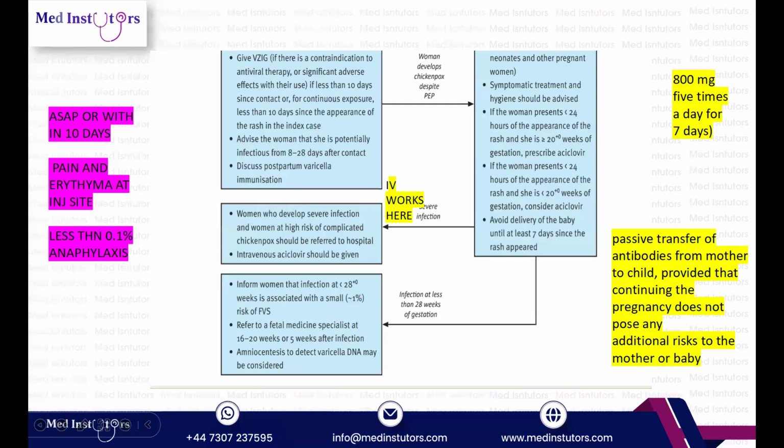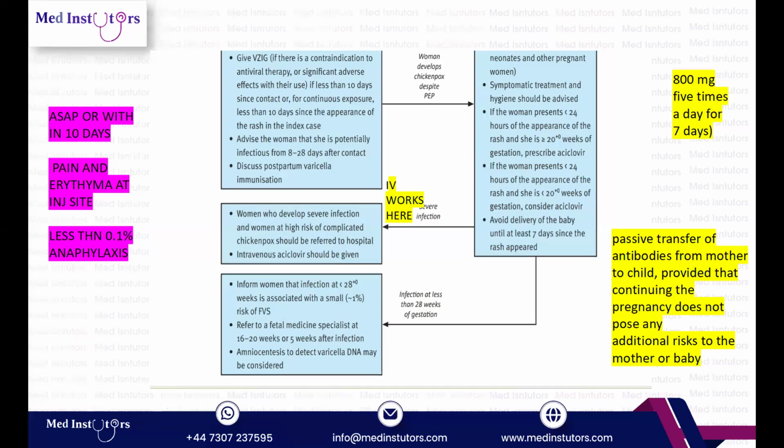Okay. And 10 days since the person has come into contact with that infectious person. But in cases when there is continuous exposure, we have to count since the index case got a rash. Okay, so there are two things to understand from that.